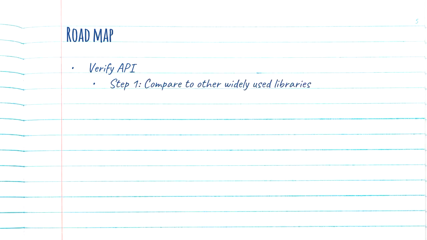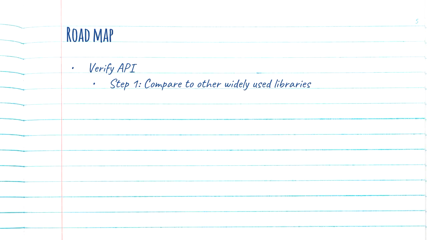So here are some of the things we're going to cover today. First, if we already have an SDK or a library, how can we verify that API to know whether it's Pythonic or not? A couple of steps that we've been using within our organization. Step one, compare that library to other libraries. As I mentioned, there are a couple of libraries that are now industry standard. They've already done the hard work.